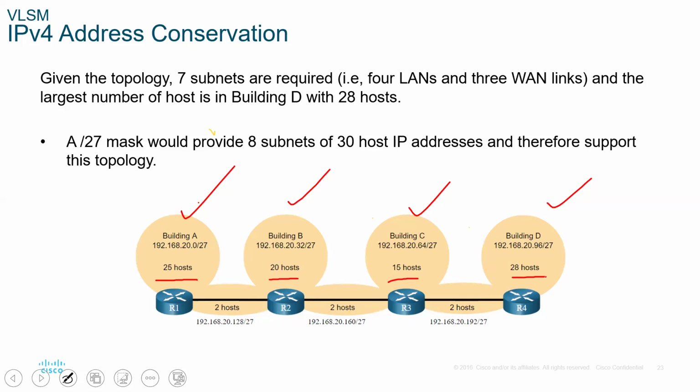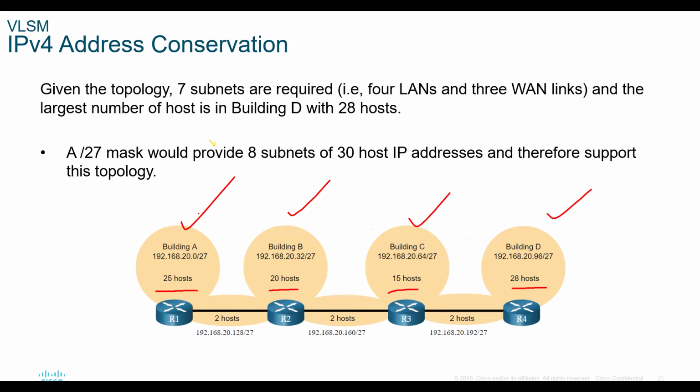Now, when we say VLSM, what are we talking about? VLSM is the word we call variable length subnet mask. So it means the length of the subnet mask does vary. You can have variable length in the number of bits.